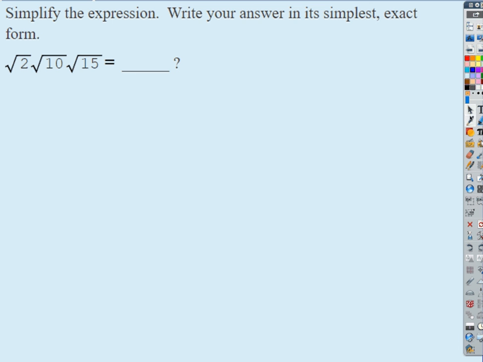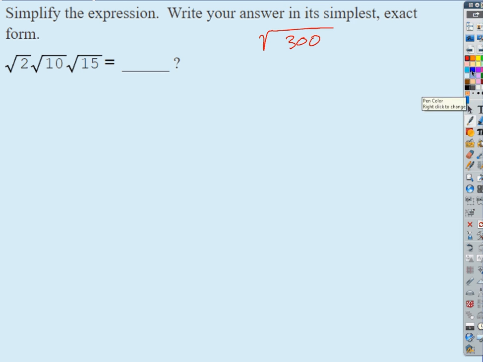So I could turn that into, if I wanted to, the square root of 10 times 15 would be 150 times 2 is 300. And then break down 300, right? I could make a factor tree out of 300. Agreed? Okay, but we could be a little smarter about it than that.